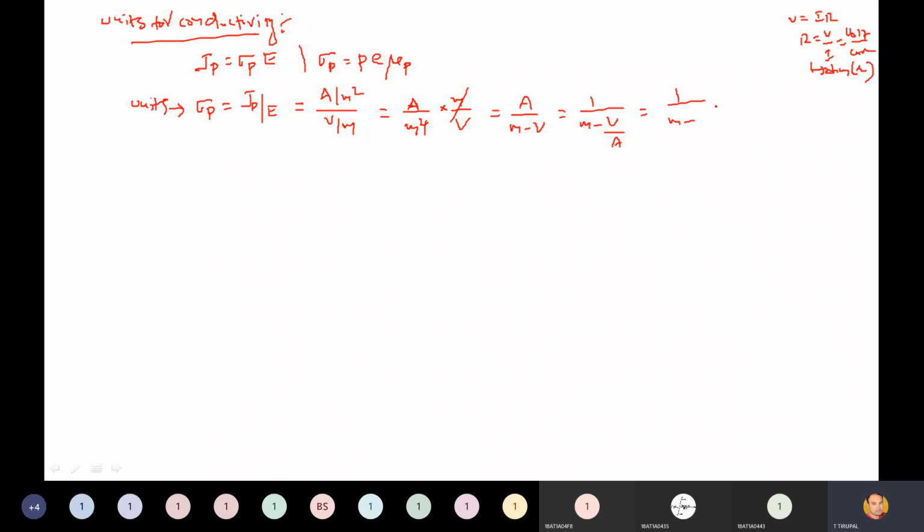So I can write this as 1 by ohm meter, or ohm meter inverse. Ohm meter inverse is the unit for conductivity. Very, very important point.